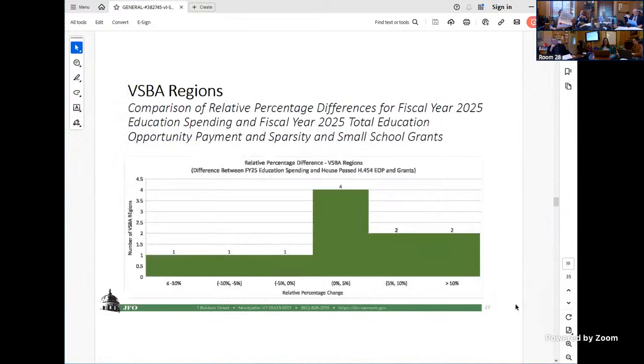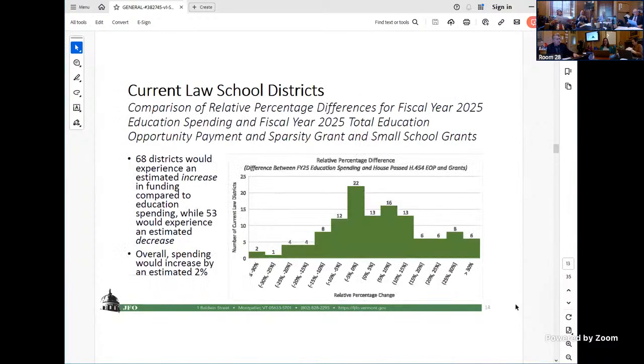That was captured in the first part, what we were looking at in the current law school districts, the 119. So we're looking at the current law school districts, and the number of larger districts that we migrate to has no bearing.